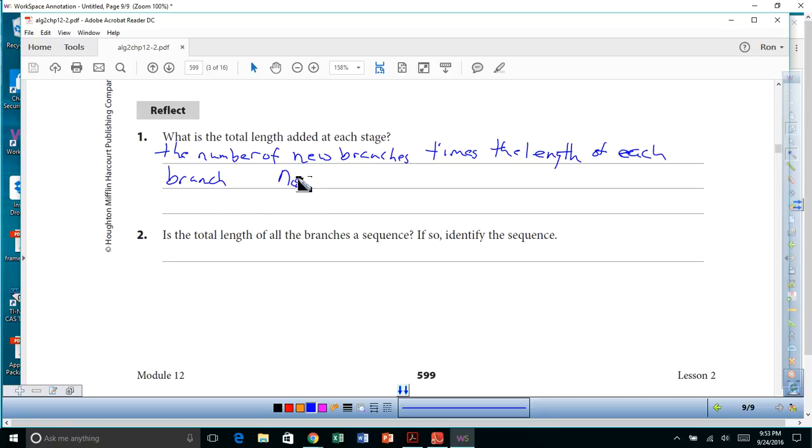N of s times L of s, which should be 2 to the s power times 1/2 to the s power.